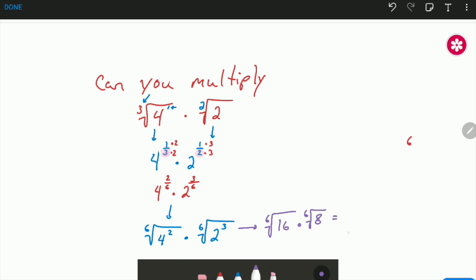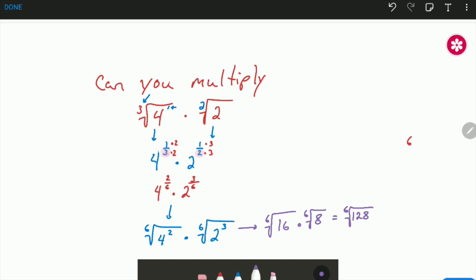Then we multiply those. Since they do have the same index now, we can actually multiply the numbers underneath. It's the 6th root of whatever 16 times 8 is. 16 times 8 is 128. Oh yeah, we did that one earlier, I believe. And I believe 2 to the power of 6.